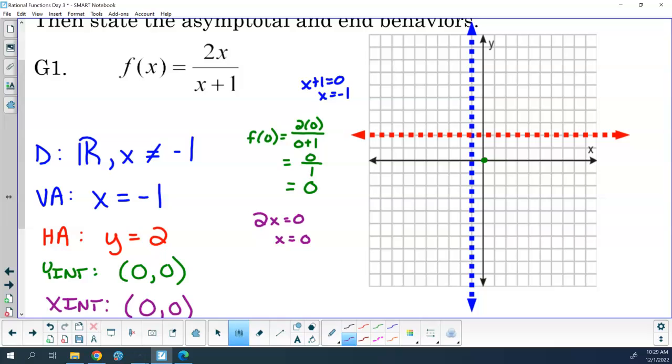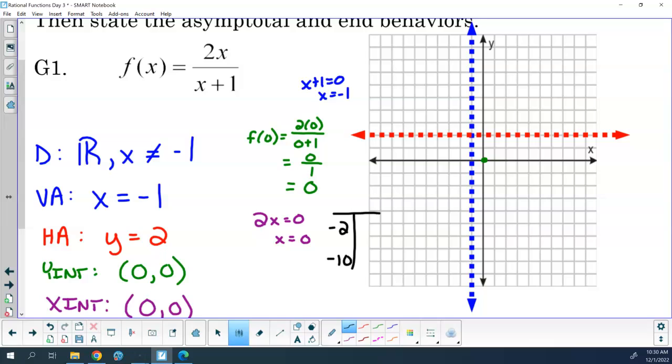Okay? So we need 2 in every zone, and I consider zones to be divided up by vertical asymptotes. So I've got a left zone and a right zone. So I need 2 in every space. So I'm just going to make a quick T-chart over here. Let's go with -2. And let's go with -10.